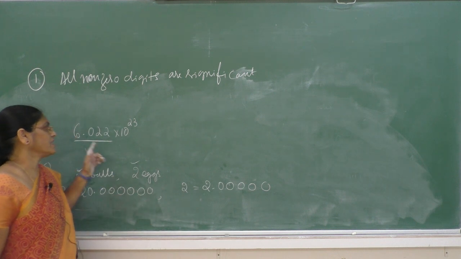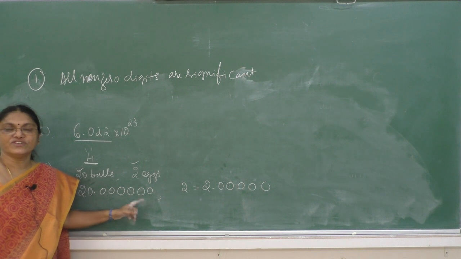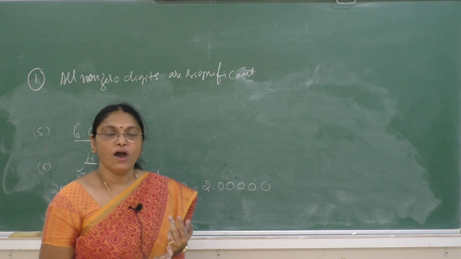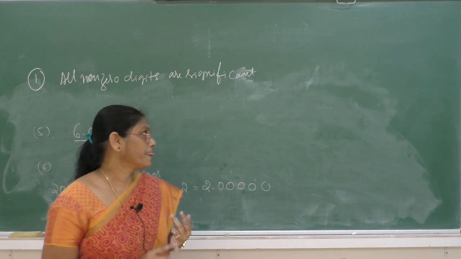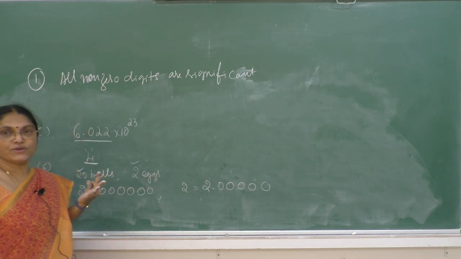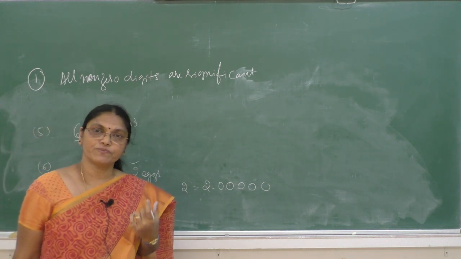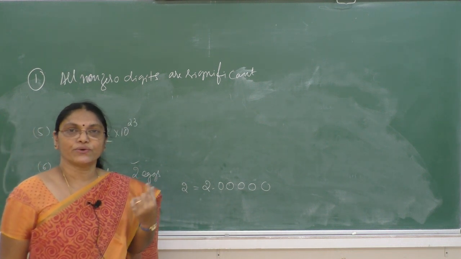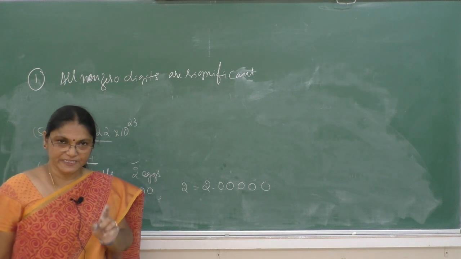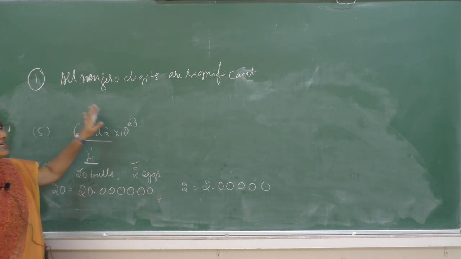So this is about the rules used in the determination of significant figures. The first one is all non-zero digits are significant. The second rule is the zeros preceding the first non-zero digit are not significant.